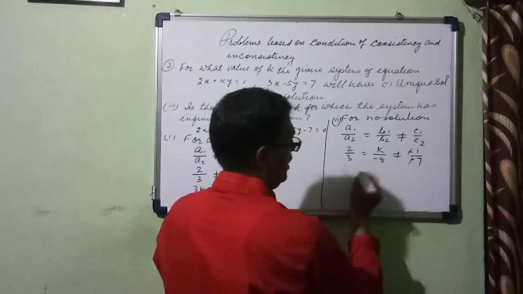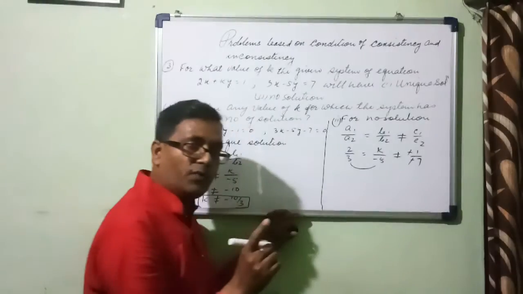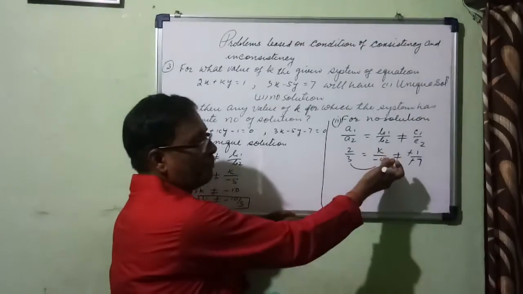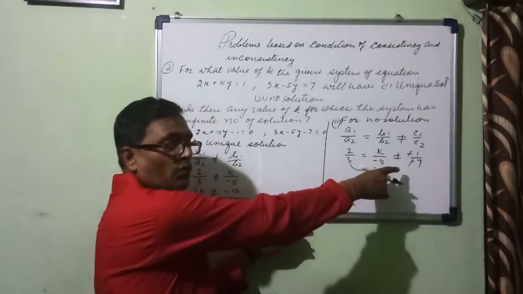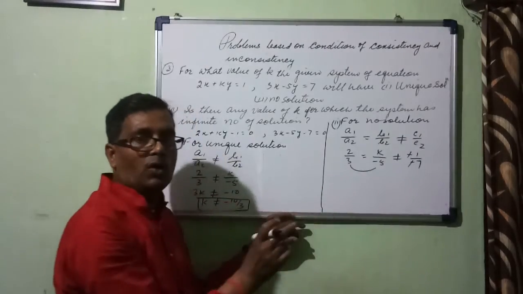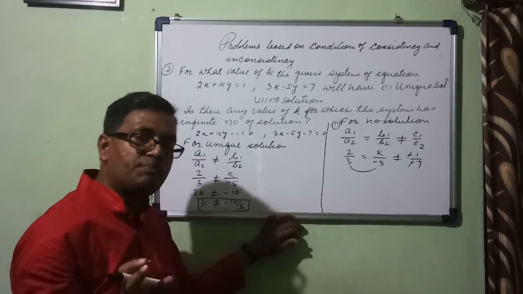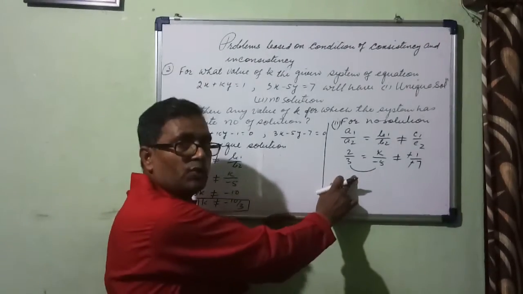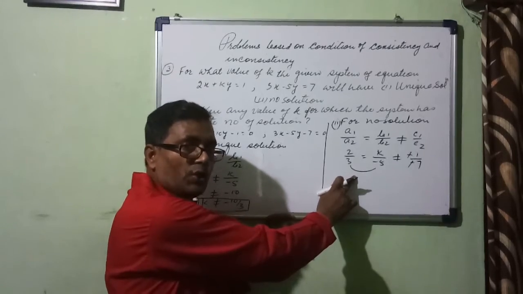Cancel. So from this you find out the value of k, and then you compare whether the value of k you have got is the same or not. If it is not the same, what does it mean? That it will give you the value of k which will have no solution.